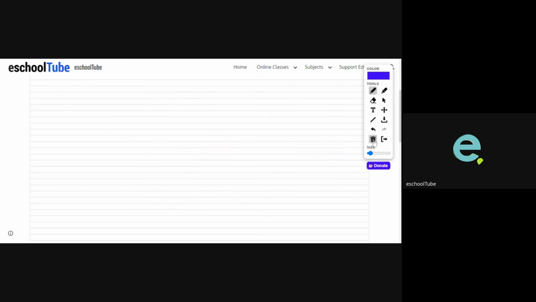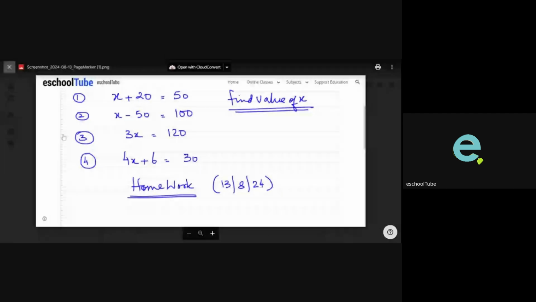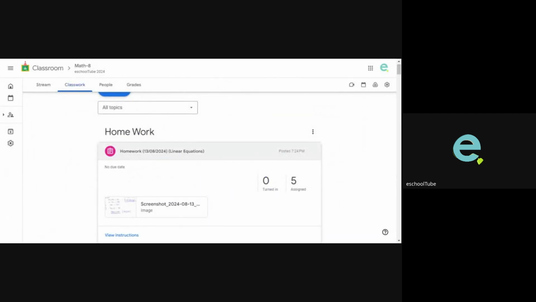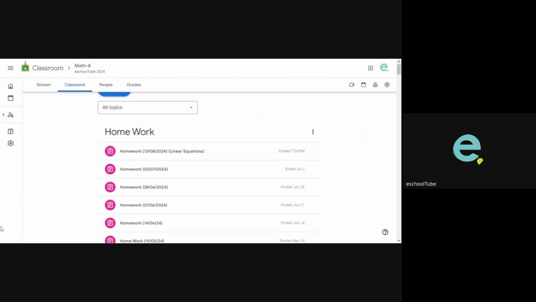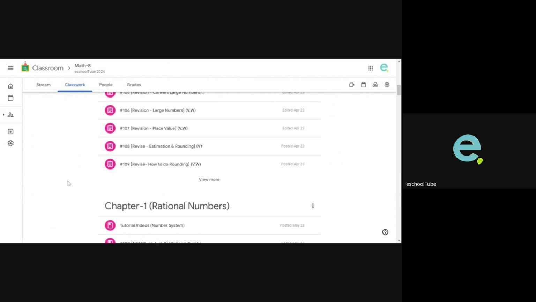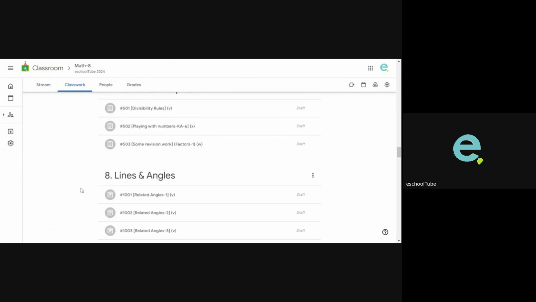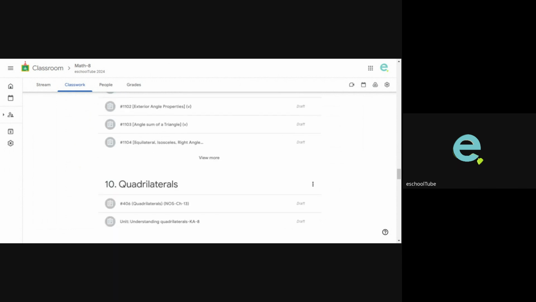Anyway, now let's go back to your Google Classroom. It's already 9 o'clock. Now in Google Classroom, what you should practice? We are doing algebra, linear equation.